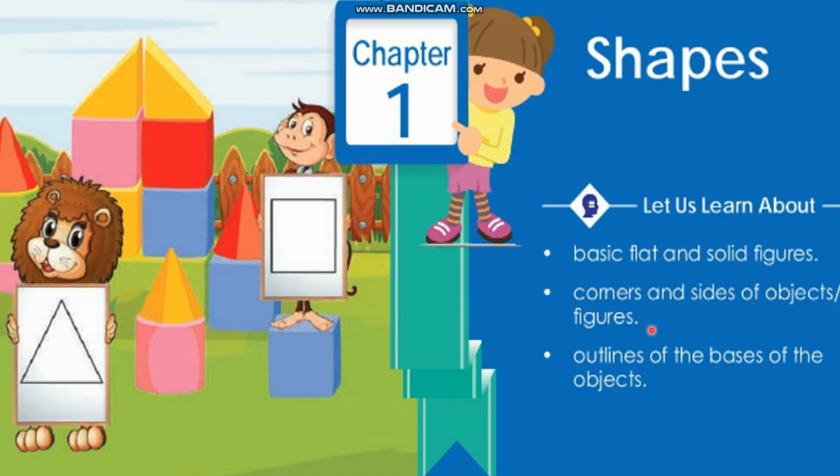So, in this chapter, we will study about the basic flat and solid figures, then corners and sides of objects or figures. After that, outlines of the bases of the objects. These all concepts we will learn in this chapter. Okay, my dears, shall we start?